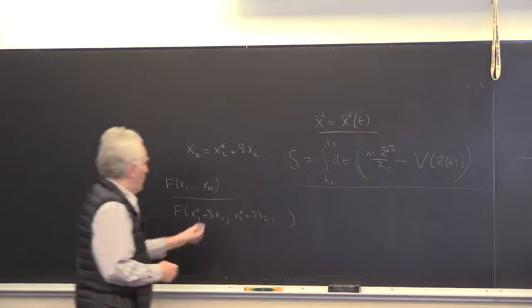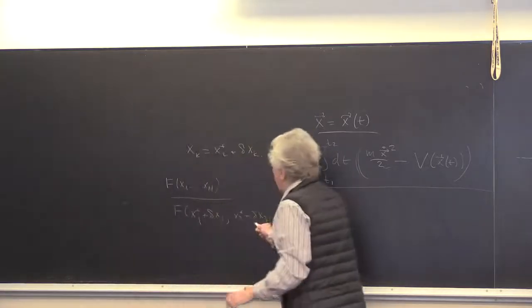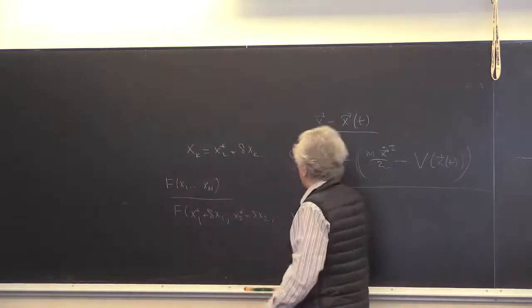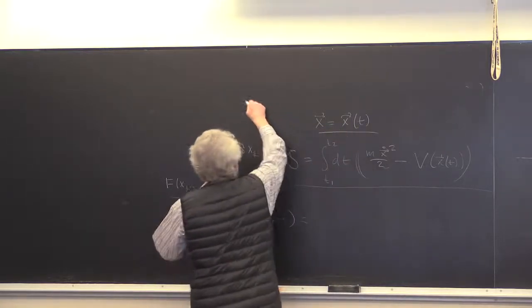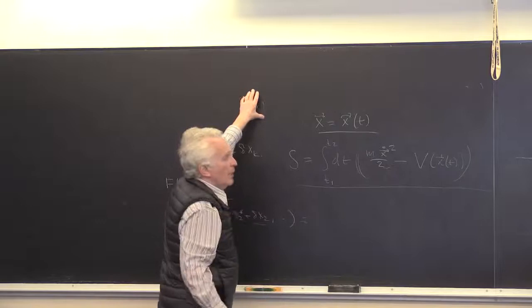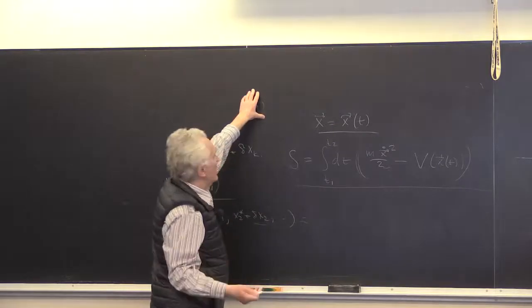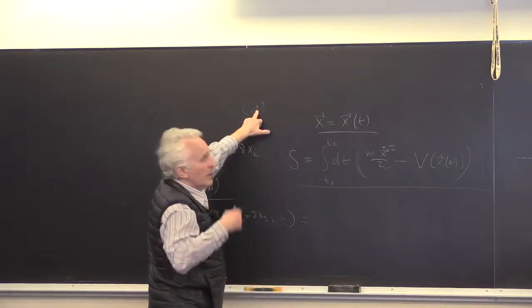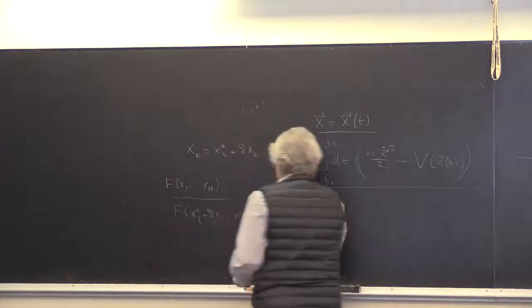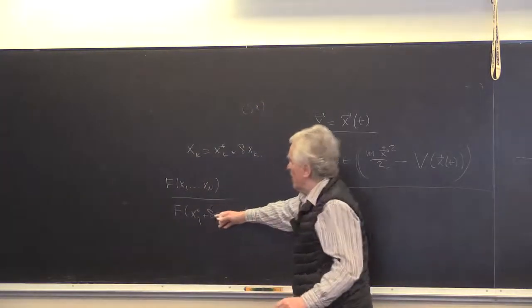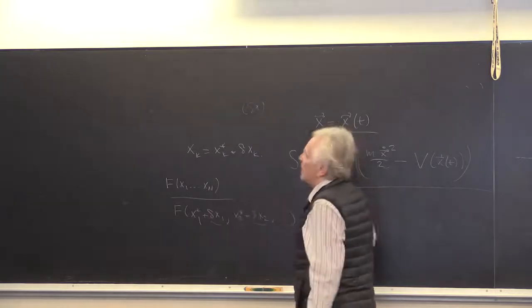and we can now expand it in terms of delta x. Delta x is just a notation. It's just a conventional notation, but you can call it any other letter, say y or whatever. It's just some displacement of the original variables.